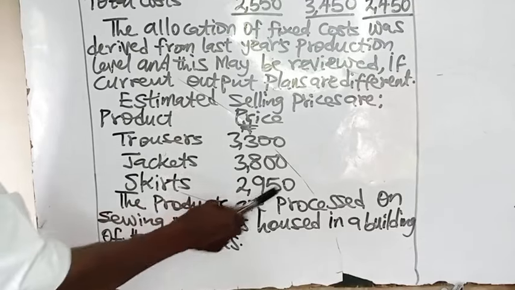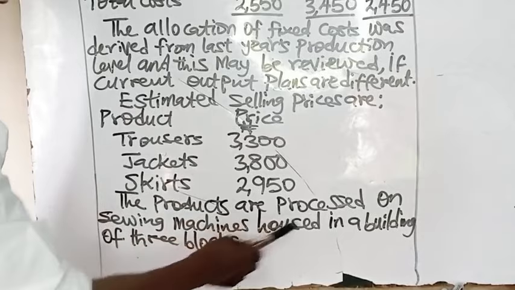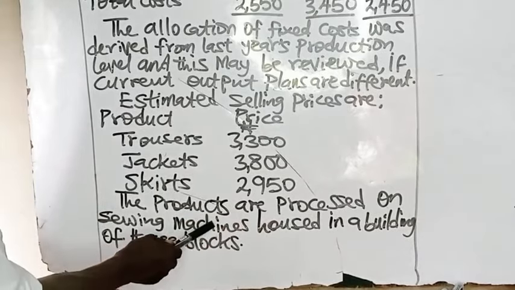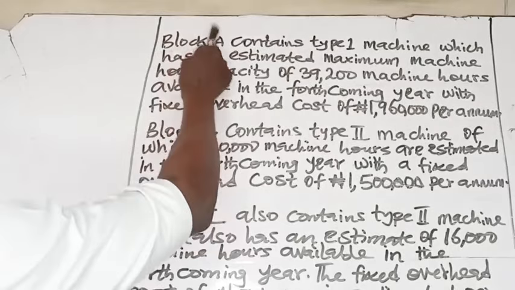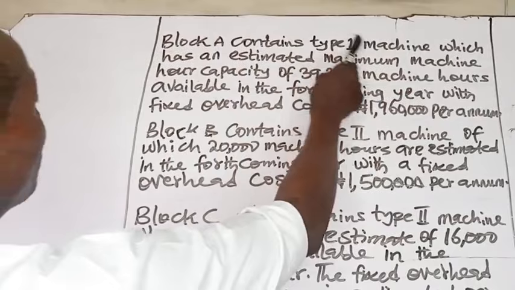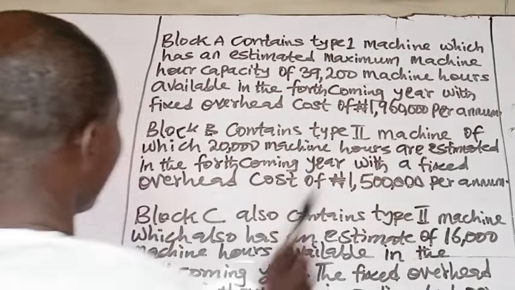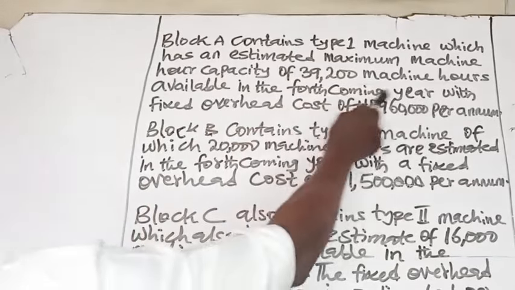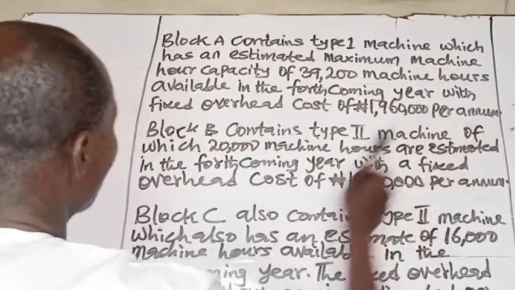The products are processed on sewing machines housed in a building of 3 blocks. Block A contains type 1 machine, which has an estimated maximum capacity of 39,200 machine hours available in the forthcoming year, with a fixed overhead cost of 1,960,000 per annum.